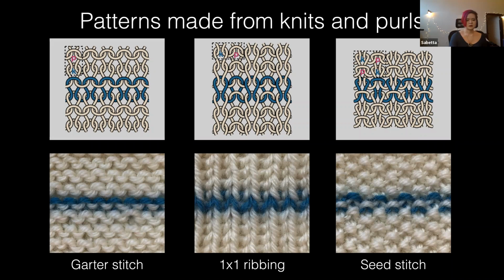Ribbing is alternating columns of knits and purls. And then seed stitch is this checkerboard lattice. So these are sort of topologically distinct, but the thing that's really interesting is that all of them have totally different elastic behaviors.